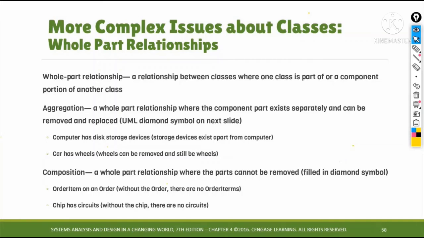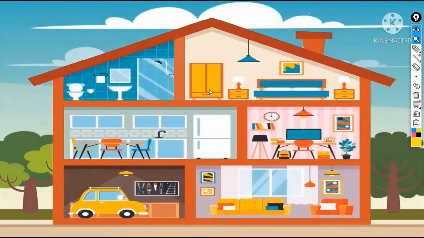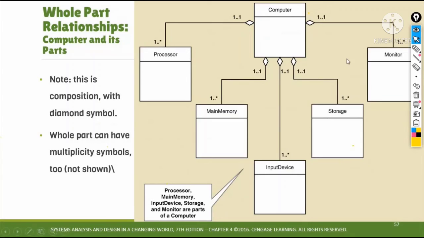The parts here, once associated, can no longer exist separately. For example, in our computer system example, a computer can work without a keyboard. It can be removed without affecting the function of the computer, but you cannot remove the processor or the main memory because it will affect the function of the computer. It wouldn't work properly.